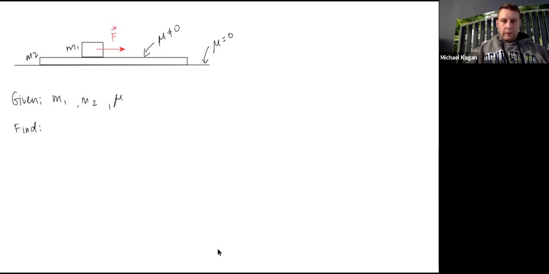You understand, if you apply a relatively weak force, because there is no friction here, they would just move together, right? But if you apply a very large force, obviously this would slide easily. So you need to find the minimum force that would make it slide.